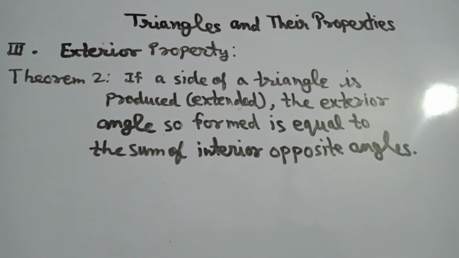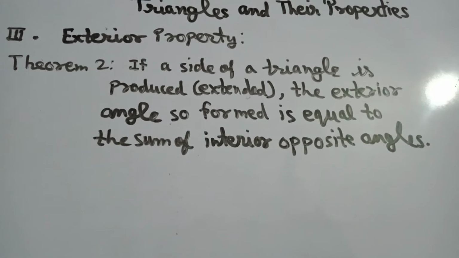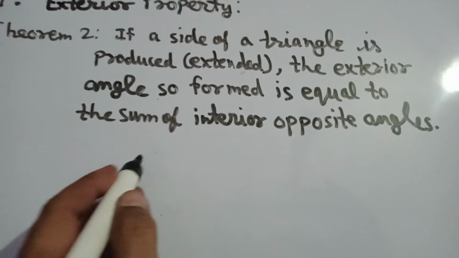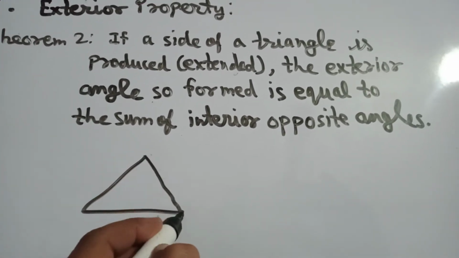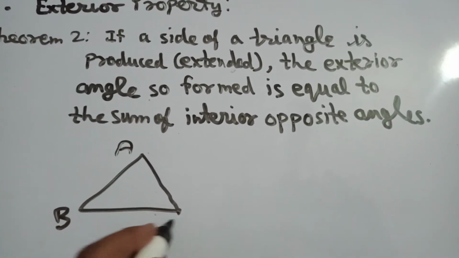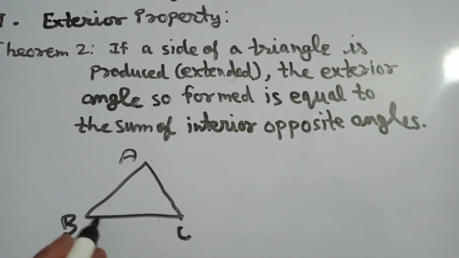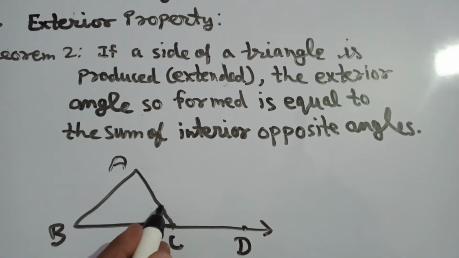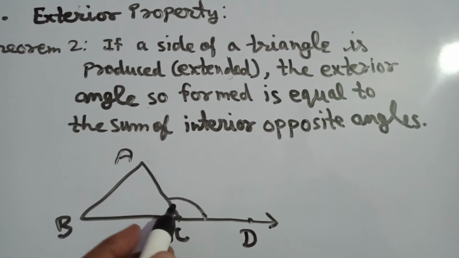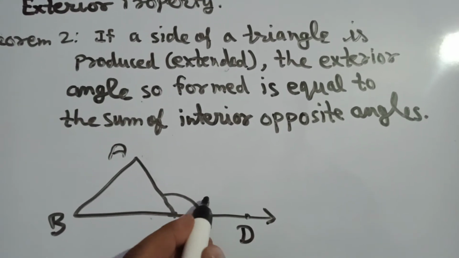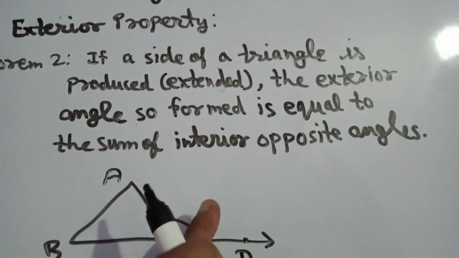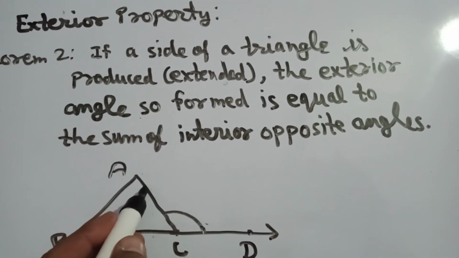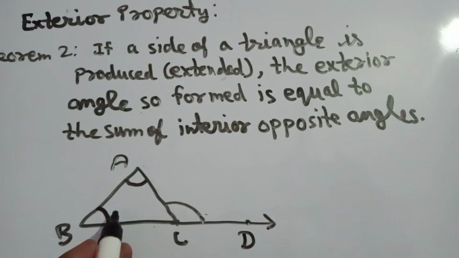So students, the third point, the exterior property. Theorem number 2: if a side of a triangle is produced, like in triangle ABC, let the side BC be produced or extended to point D, an exterior angle is formed. This is an exterior angle, which is equal to the sum of the opposite interior angles.